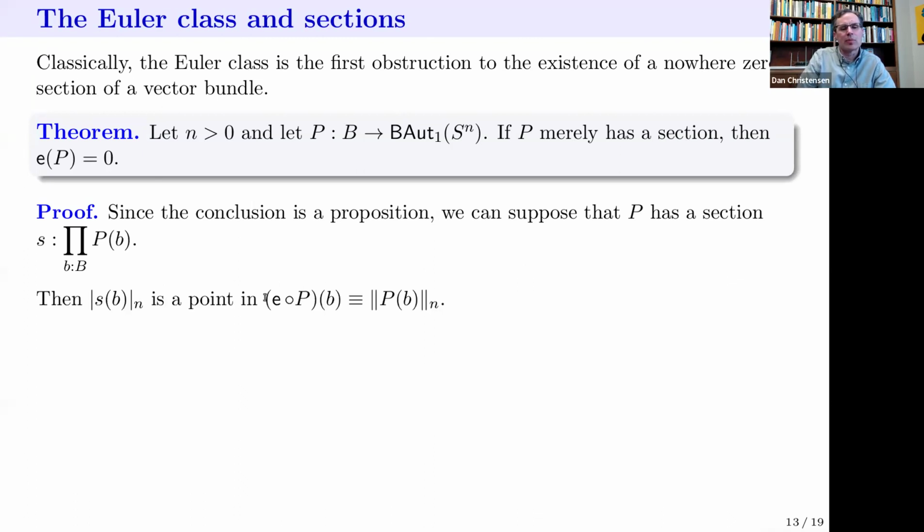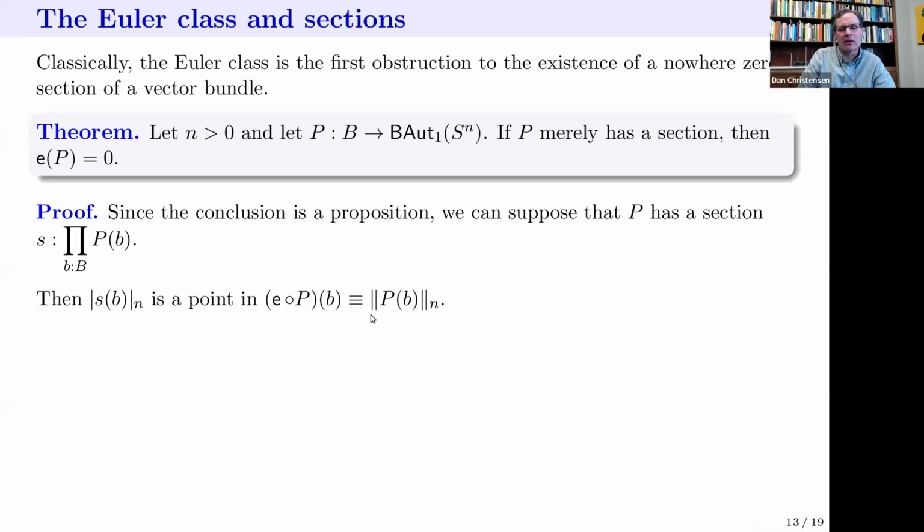Then when I compose P with E, remember that by definition E just truncates the fibers. The underlying type of that composite is the truncation of the fibers. That means I can take the image of my section in P of B under the truncation map. So I get a point. And remember, this is a K(Z,n) oriented type.